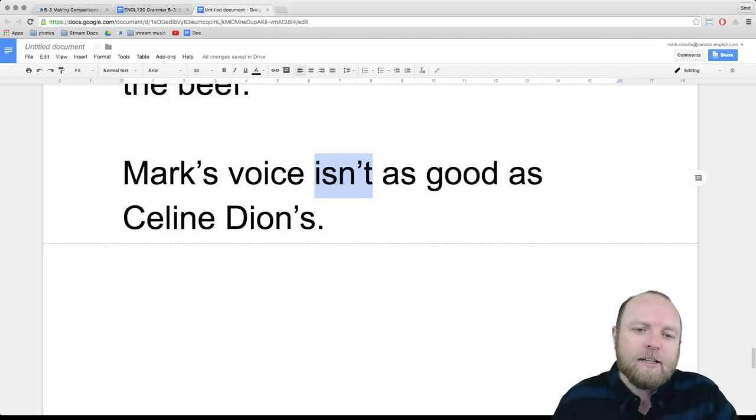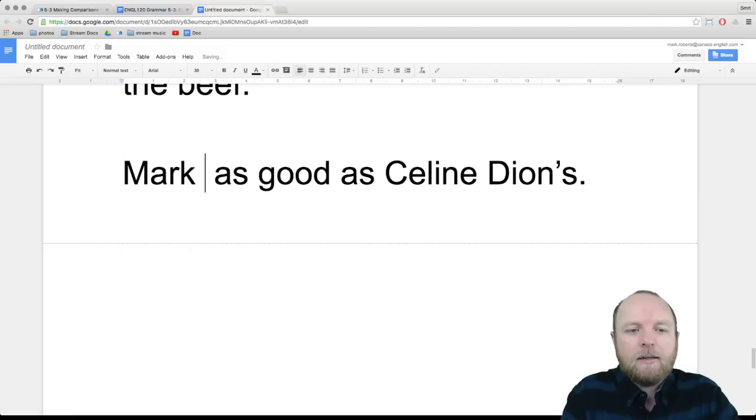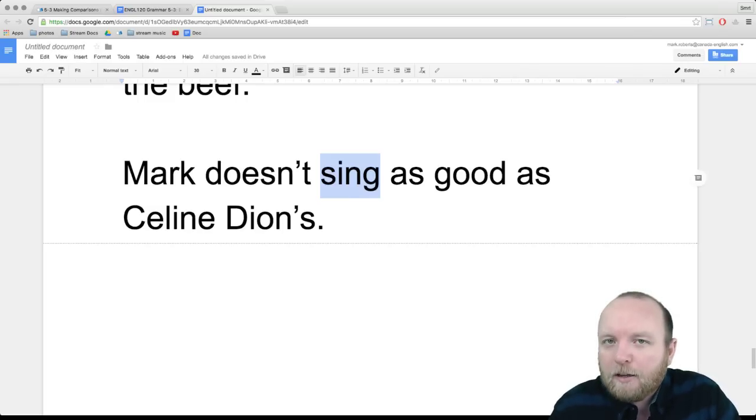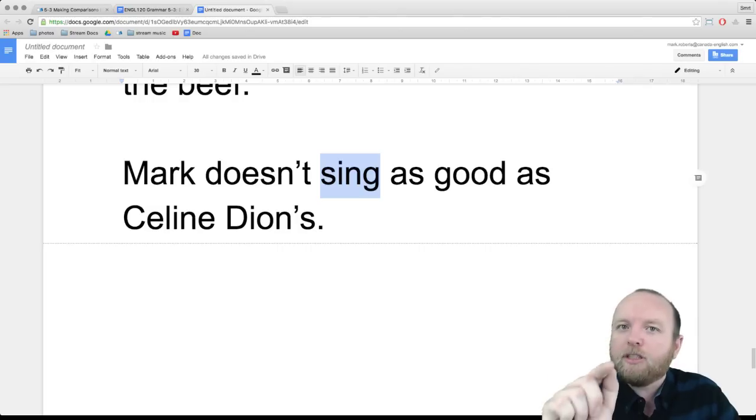Now, if I don't use a linking verb, for example, Mark, let's change this. Mark doesn't sing. Okay, now we have sing, Sabrina. Sing is not a linking verb, right? So remember, with linking verbs, we use adjectives.